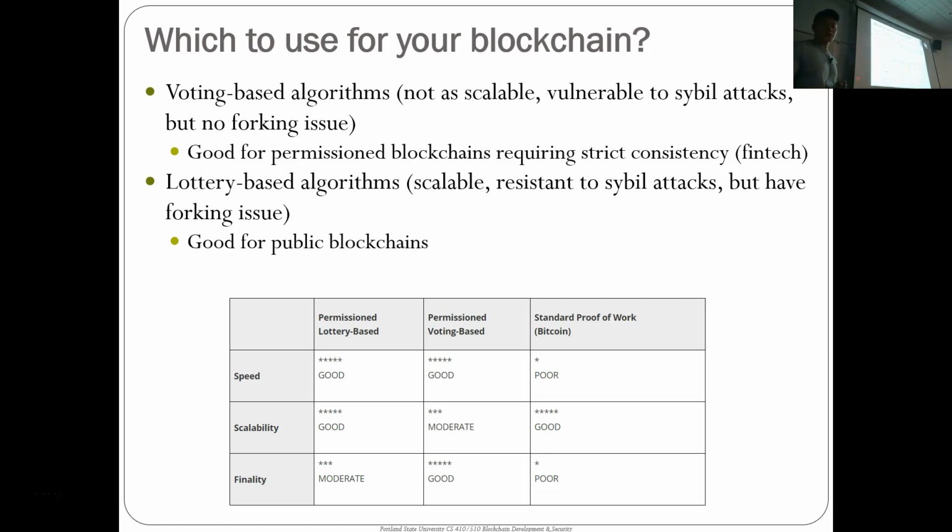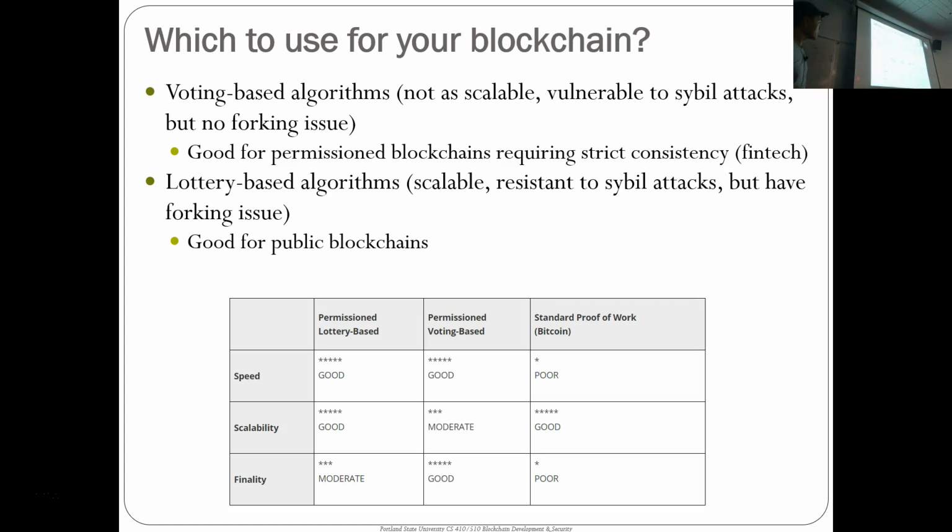They're vulnerable to Sybil attacks, but there are no issues with forking. Forking means having multiple consistent states and having to choose from them. In the BFT protocols, you have one consistent state all the time. So this is really good for permissioned blockchains that require strict consistency. This is where all the financial tech stuff is based, on BFT protocols.